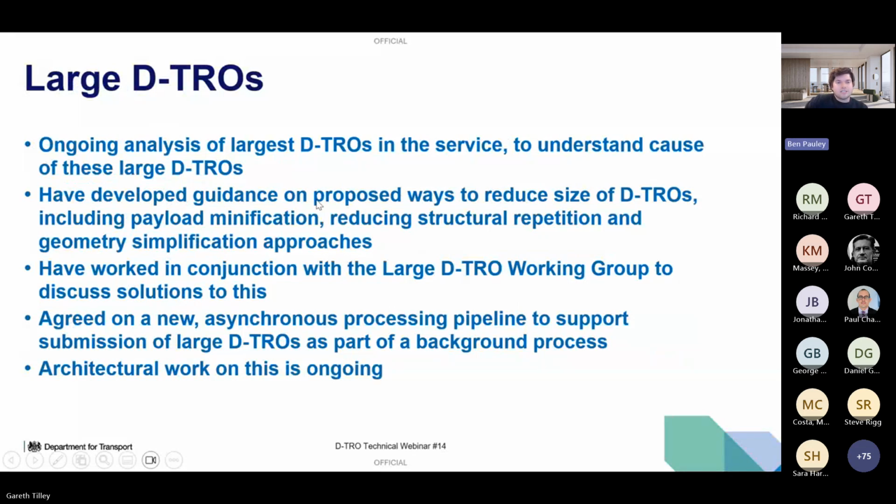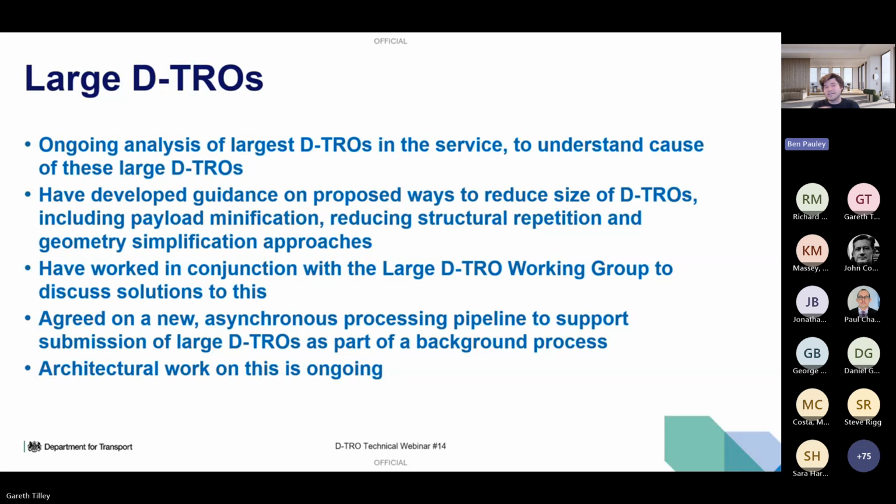Excellent. So a little bit on large D-TROs. On the last technical webinar, we talked about the submission of large D-TROs and the retrieval of large D-TROs to the service. We see a lot of variability in the size of D-TROs. Most of them are very small, but an increasing number being submitted to the service are quite large, and it interferes with the expected approach of the service.